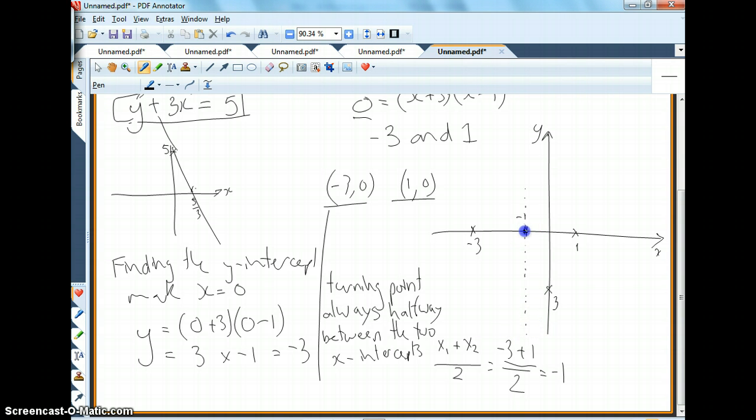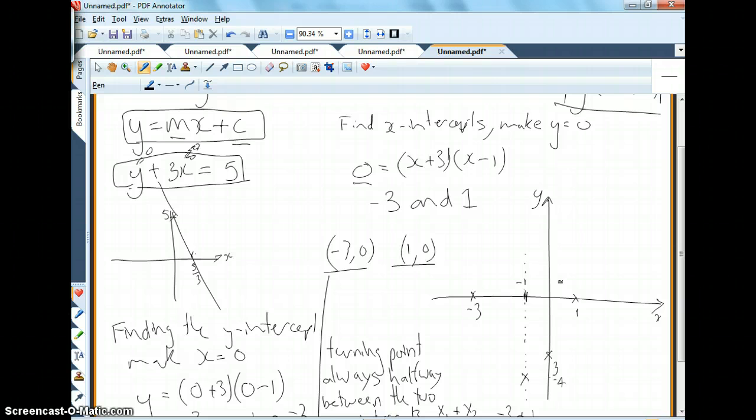Once I know that x value, I can substitute that x value back into the equation to find where the turning point is, and my guess is it's at minus 4, but let me just confirm that by doing it. Here's my equation, except it's got a y equals. I'm substituting in minus 1 this time for x.